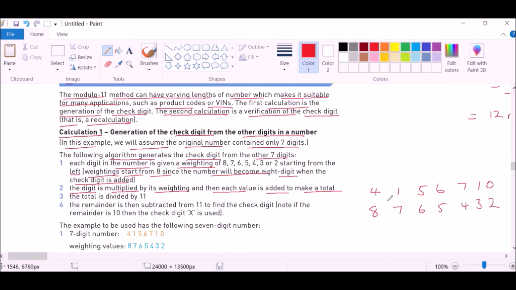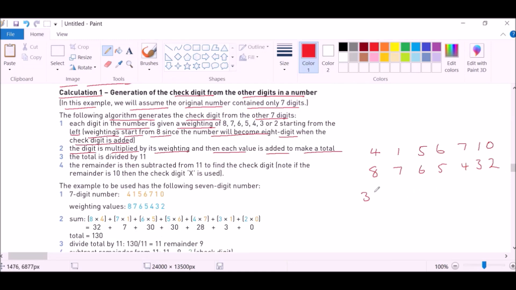So we multiply each digit by the weight. 8 times 4, 32. 7 times 1, 7. 6 times 5, 30. 5 times 6, 30. 4 times 7, 28. 3 times 1, 3. 2 times 0 is 0. Then we add these results. After adding these results, we get a total of 130.